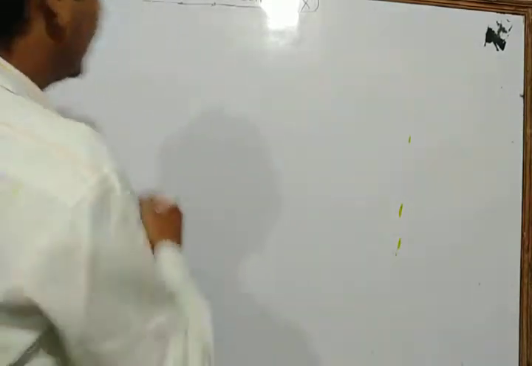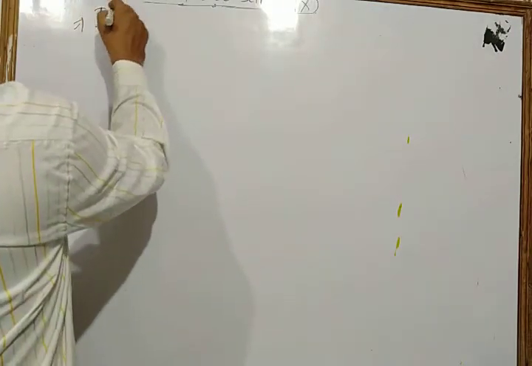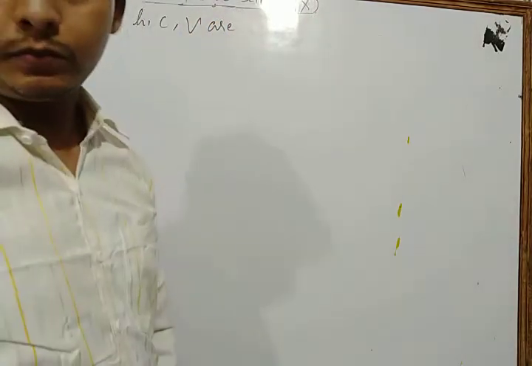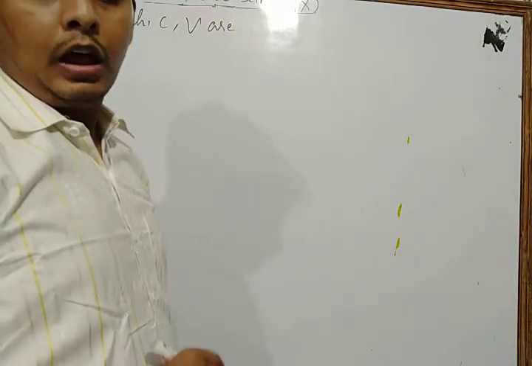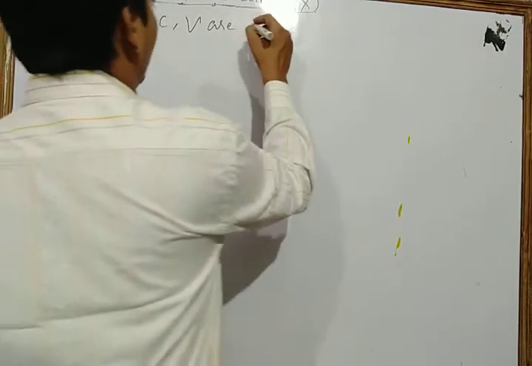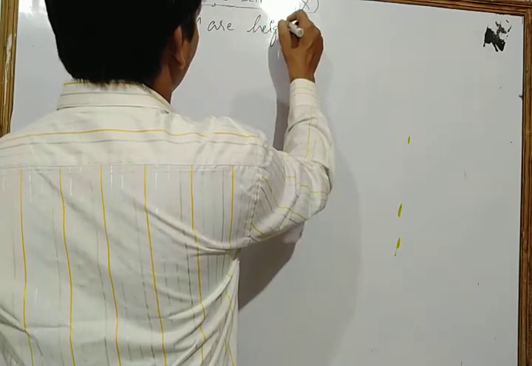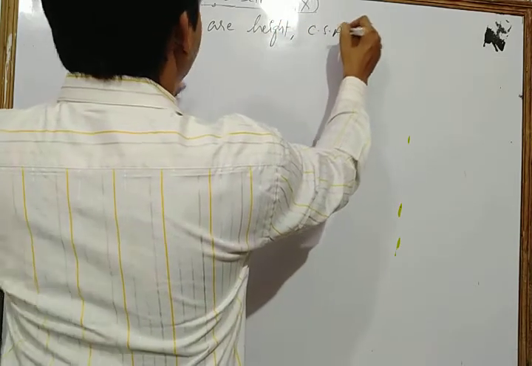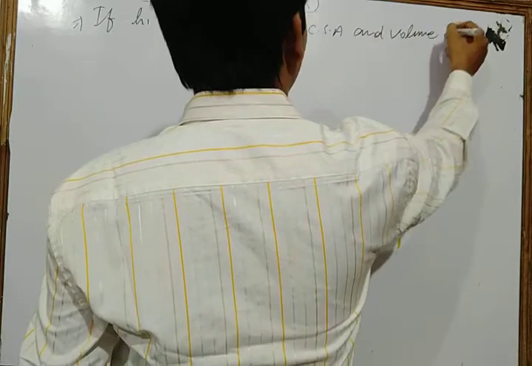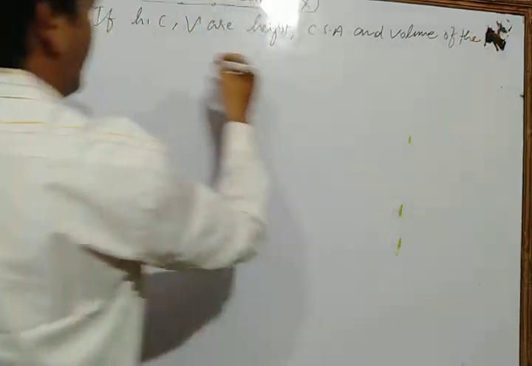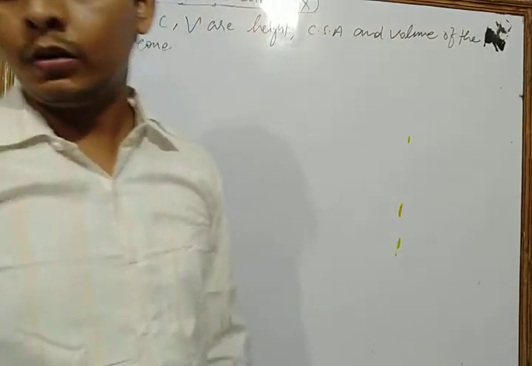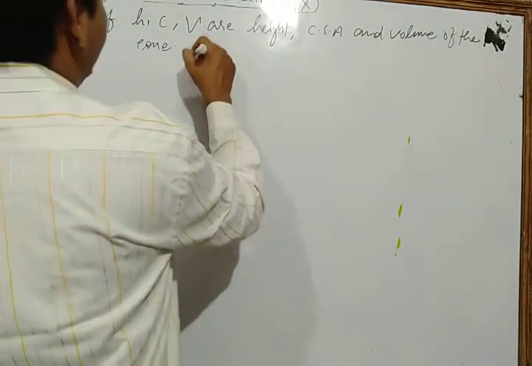If H, C and V are the height, curved surface area and the volume of the cone.